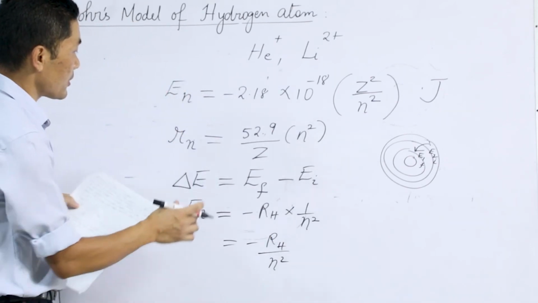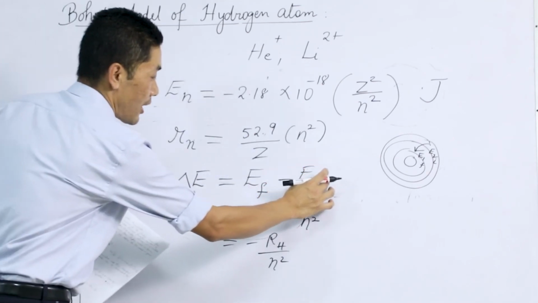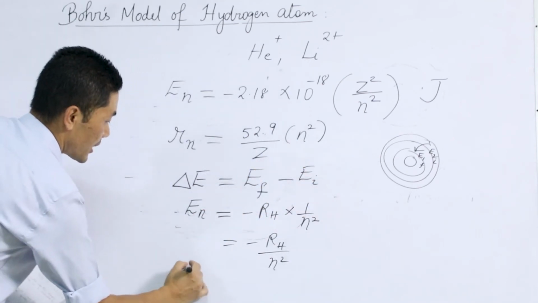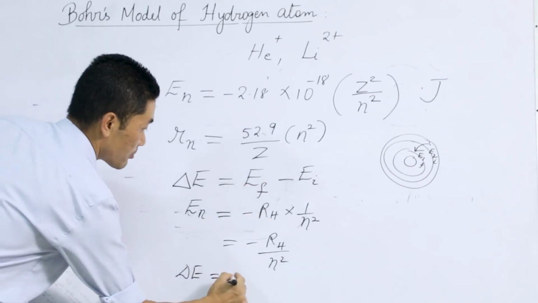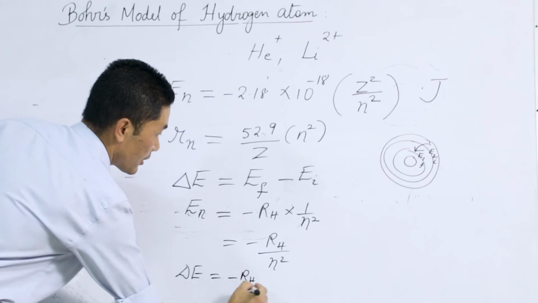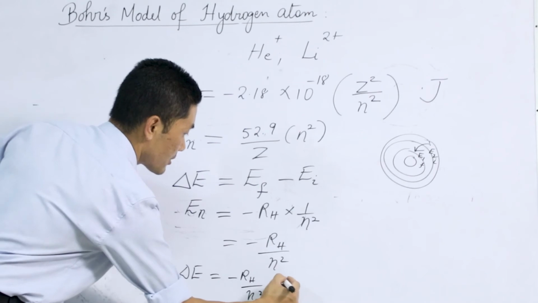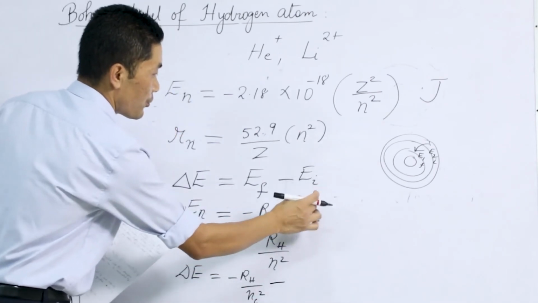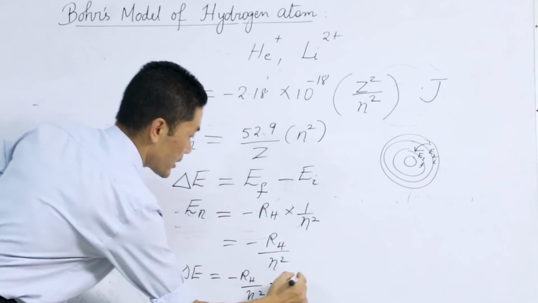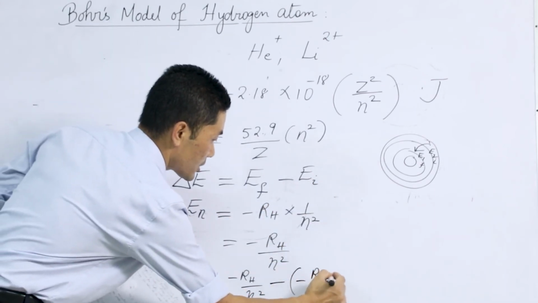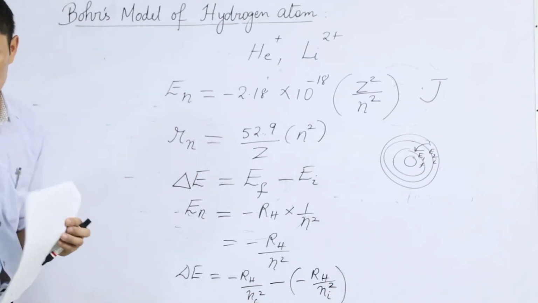So if we have delta E equal to EF minus EI, then for the final state we can write minus RH by Nf square, and for the initial state, minus RH by Ni square.